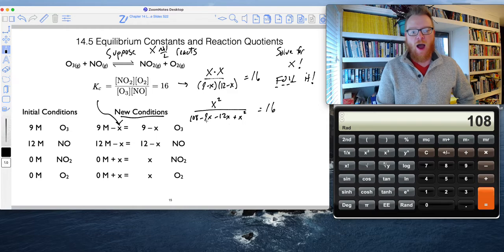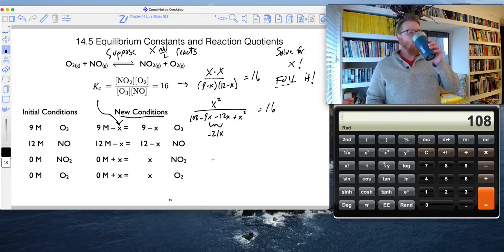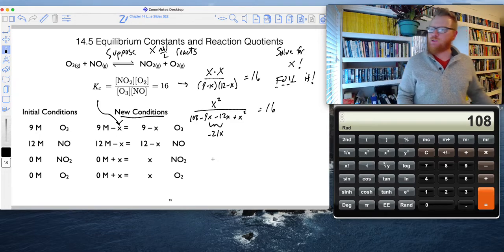I'll combine the 9x and 12x right here: minus 9 and minus 12 is minus 21x, assuming that I can still do math. It's in the morning time, I haven't had enough coffee yet. Okay, there we go, so minus 21x.